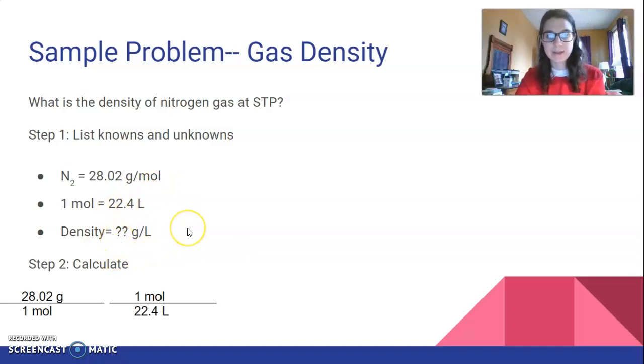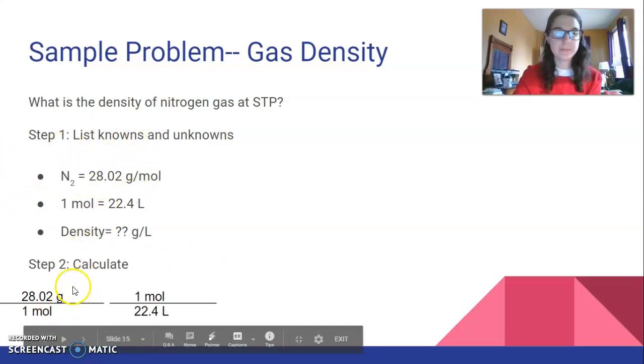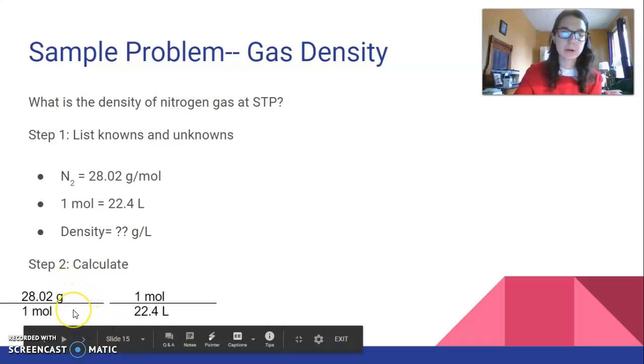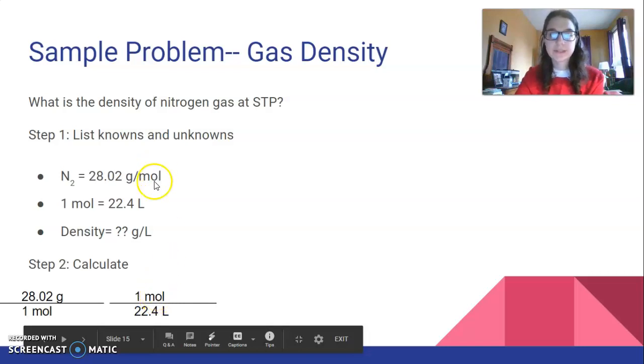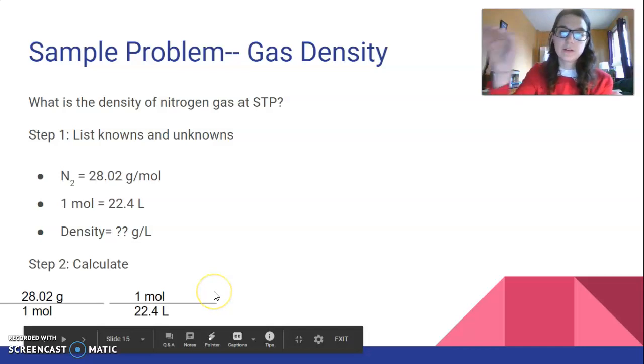Here it's again kind of all about canceling units. Our two knowns here, we have grams per mole and we have liters. Basically what we want to do is cancel out this mole and end up with liters to get grams per liter. So we're going to start with the known molar mass of N2, 28.02 grams over 1 mole. And then to cancel out the moles, we're going to put the moles on the opposite side of the fraction line.